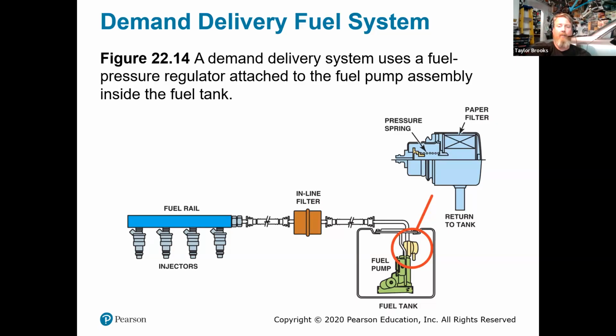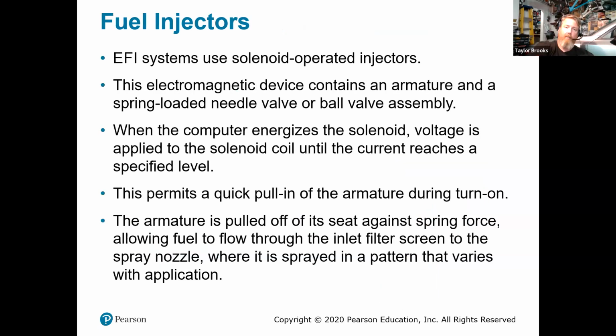This allows the fuel to be drawn into a basin that the electric fuel pump is always submerged in. Therefore, it keeps the electric fuel pump cool, so it's not going to overheat because it's fully saturated in the gasoline. And it allows the system to be a single line type design.